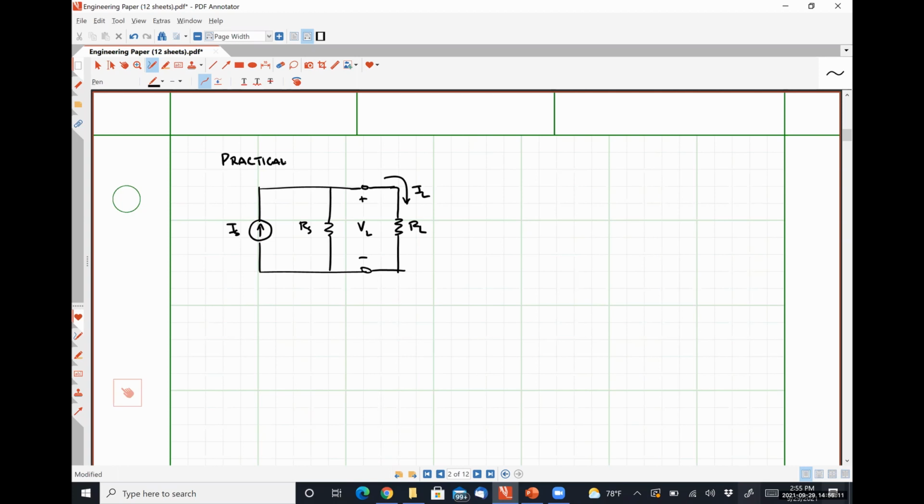So in a physical sense, sure, practical. This one's actually probably a little bit harder to relate to a physical thing because a physical current source is not something that the overwhelming majority of us deal with.